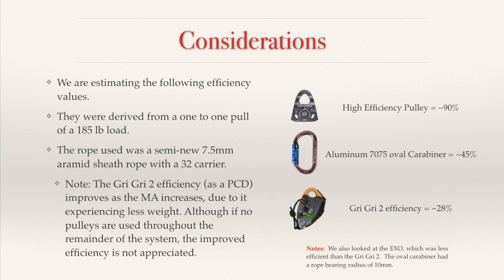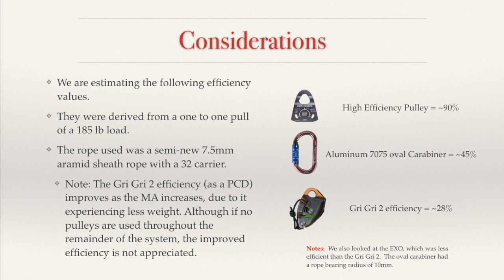So when we looked at the Rock Exotica mini machine pulley, we had an efficiency of right around 90%. The aluminum 7075 oval carabiner is roughly 45%. The Gri Gri 2 efficiency was right around 28%. We also looked at the EXO, which was a little bit less than the Gri Gri 2. The other thing we need to keep in mind is we were using a 7.5 millimeter rope when we were doing this.